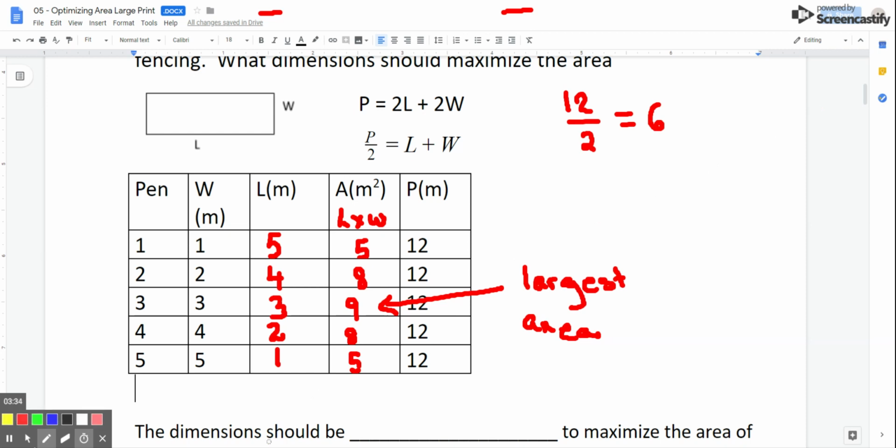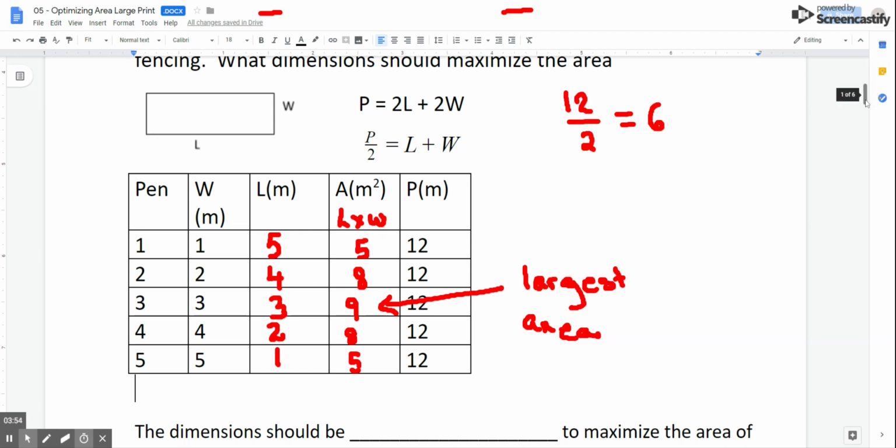So the conclusion you should draw, most of the times they'll ask you to draw, sometimes they ask you to draw a graph, and you're usually graphing the width with the area to find the largest possible area for this unit.